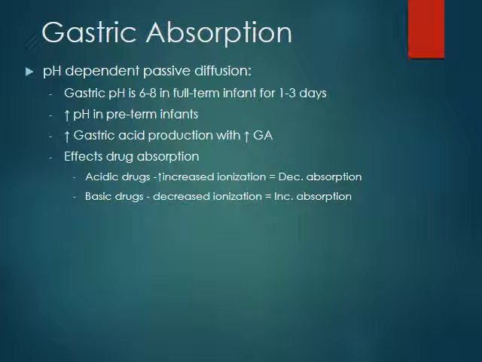And so as we said previously, for acidic drugs, because the pH is going to be higher, we are going to be in a medium where we have an increased amount of ionization, which means we'll have worse absorption, so decreased absorption of acidic medications. For basic medications, though, we will have decreased ionization, and we will have increased absorption. So for basic drugs, you have better absorption. For acidic drugs, you have worse.